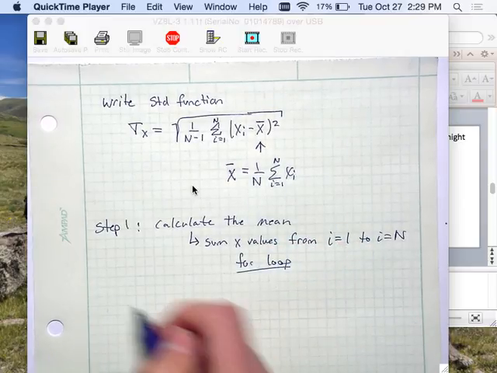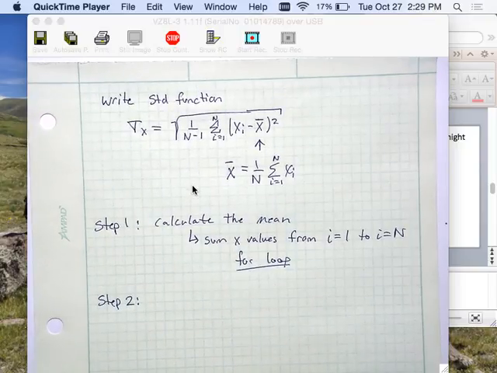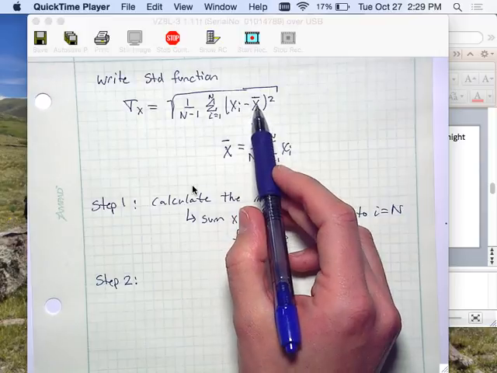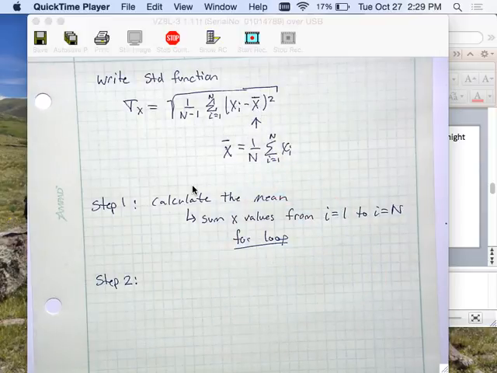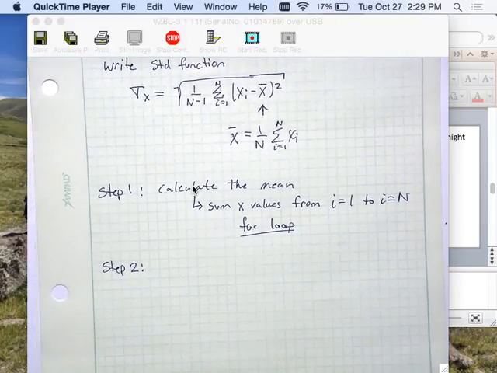So step 2, once we have the mean, after we've calculated this mean here, what do we have to do next? What would be the second step? Any thoughts? Is square root an intrinsic function? It is, but you could do it to the 0.5 power. Yeah. Okay, so we need to do another sum, right?